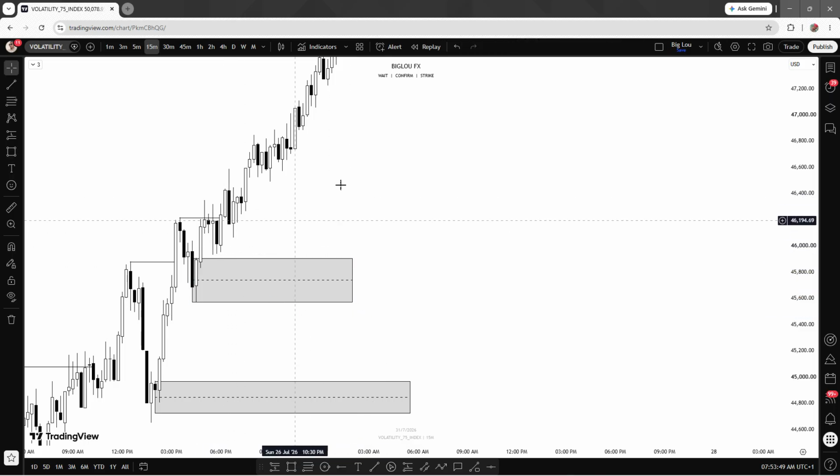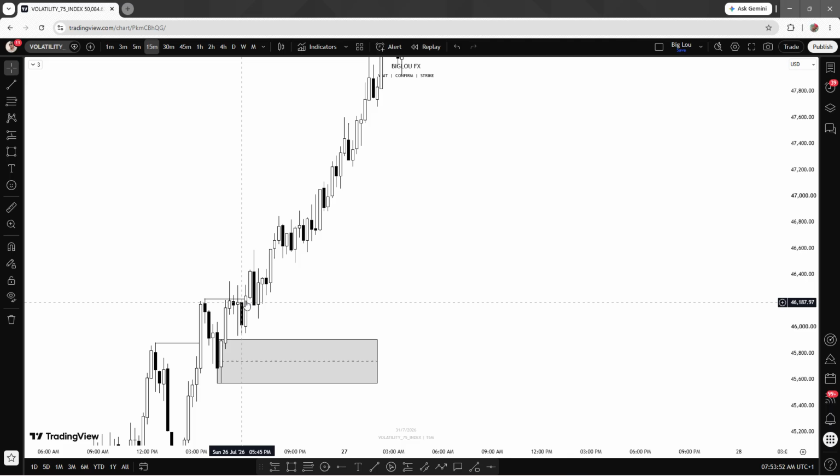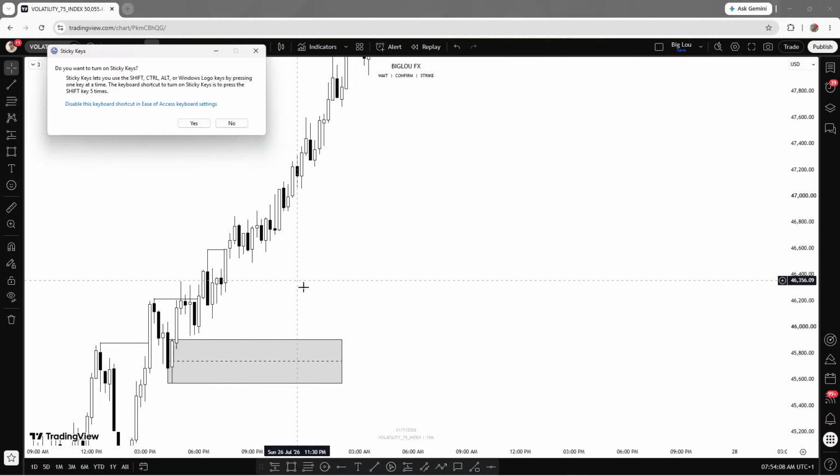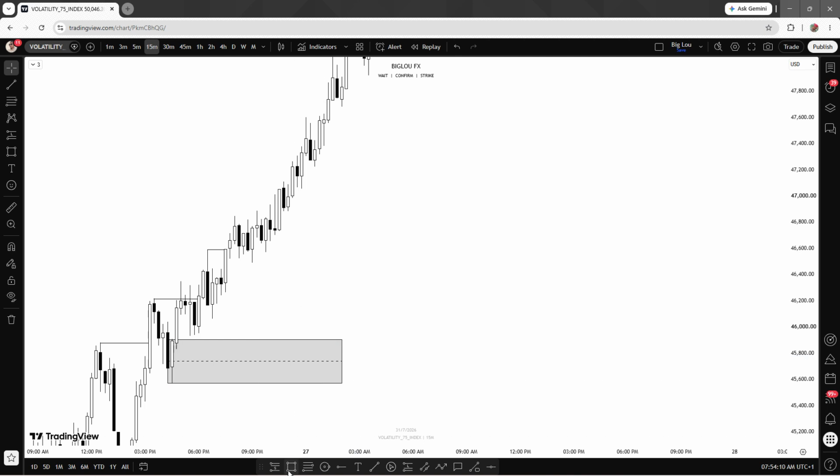What did price do? Price ignored it. This was the high. Blasted through the high. You can see that when it blasted through the high, this is our zone here.